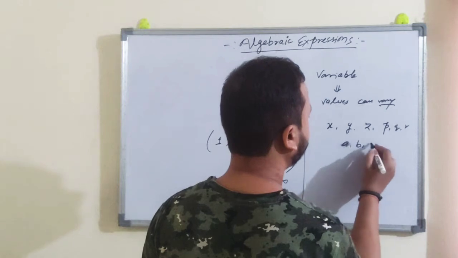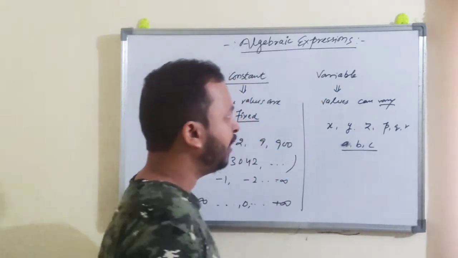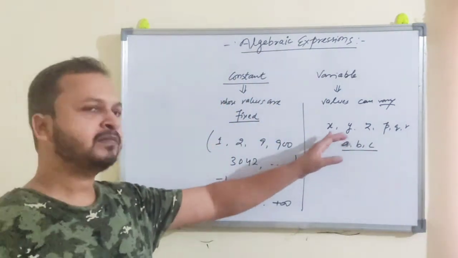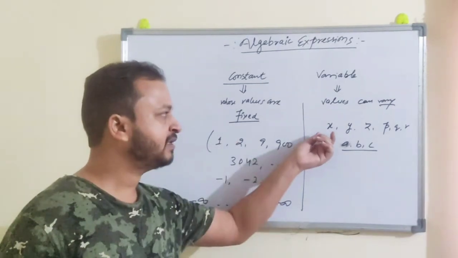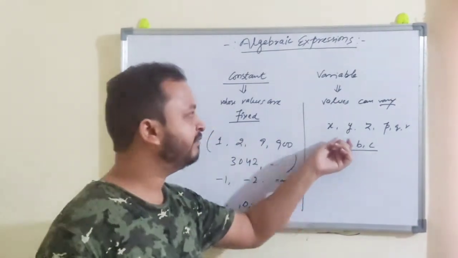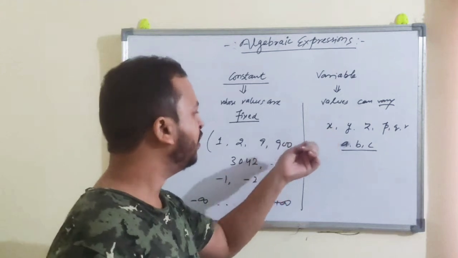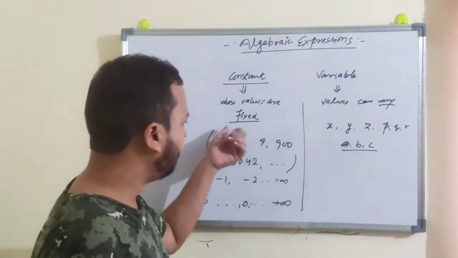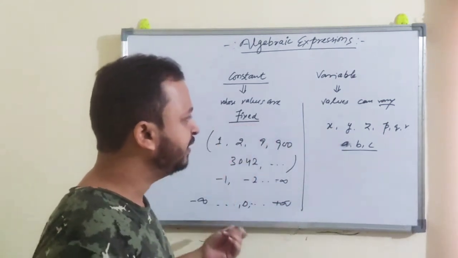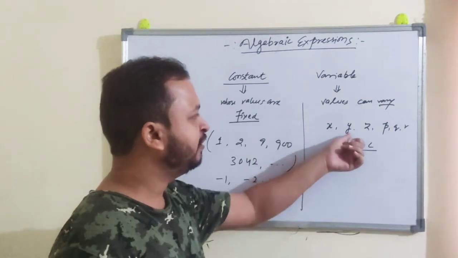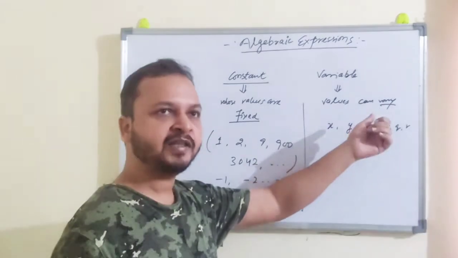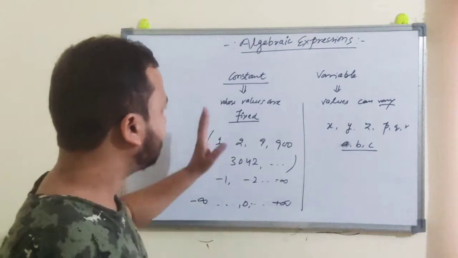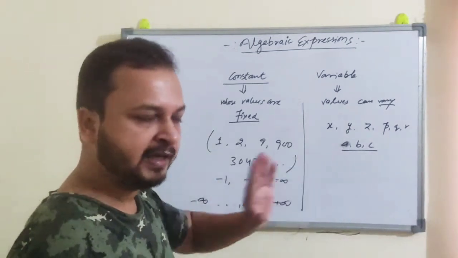Small a, b, c. So anything written in this form, small letter alphabets, are known as variables, and they can have any of the values. So their values can be changed or they can vary. So this is constant and variable.